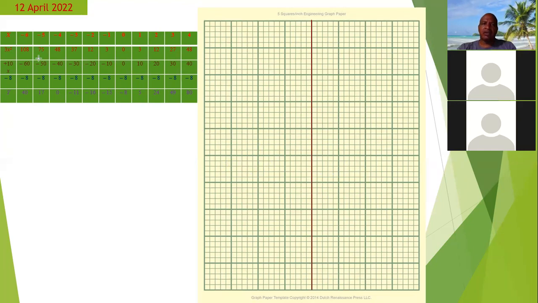Now we want to position our x-axis so that we are looking at the y values. We want to go up with a y value up to positive 80, and we want to go down with a y value down to negative 16.